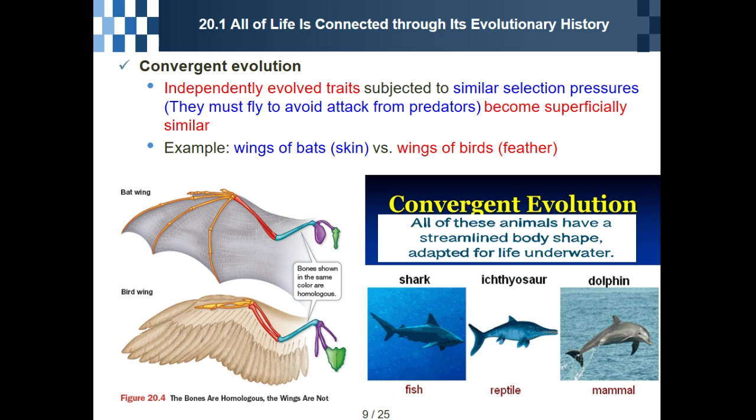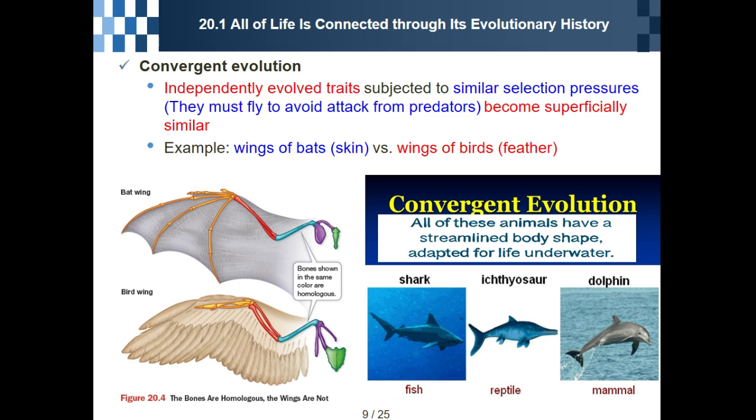But they have similar selection pressure. Okay, they have to adapt. They have to survive under the water. That's why the fish, reptile, and mammal have a similar body shape like this. So this is another example of convergent evolution.